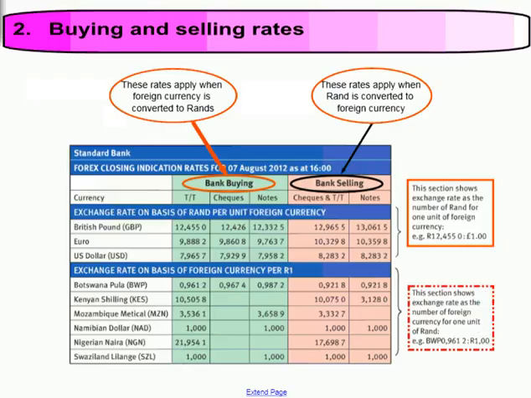Right, so now we're going to deal with buying and selling rates, because banks are financial institutions and they need to make a profit. So if you have a look at the bank buying rate over here, if we were looking at the British pound, the bank will buy at 12 Rand 4550.